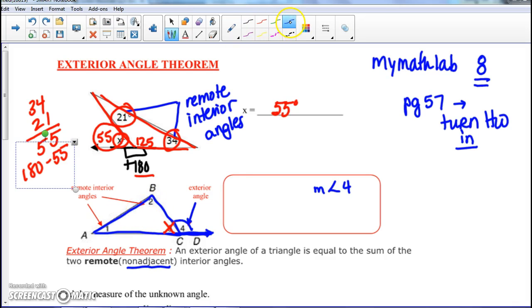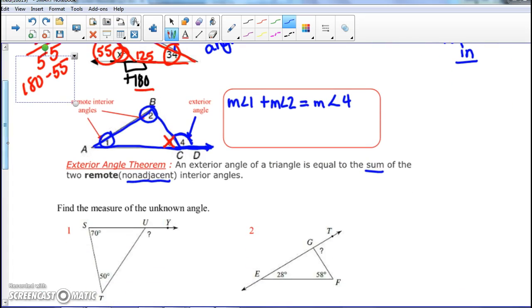So it would look like this: the measure of angle 1 plus the measure of angle 2 is equal to the measure of angle 4. So 1 and 2 together will make angle 4. And that's what our theorem states: an exterior angle of a triangle is equal to the sum of the two remote interior angles.